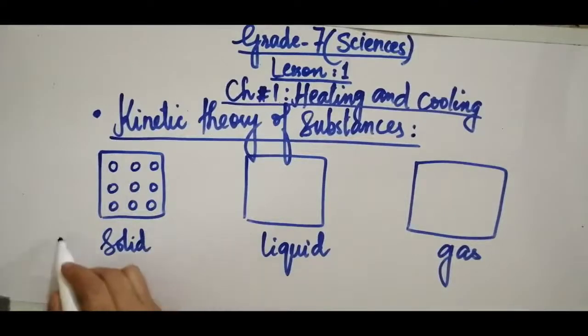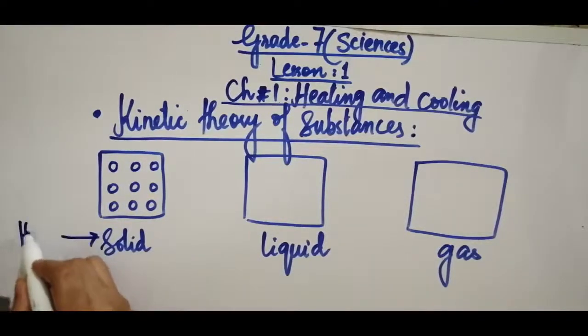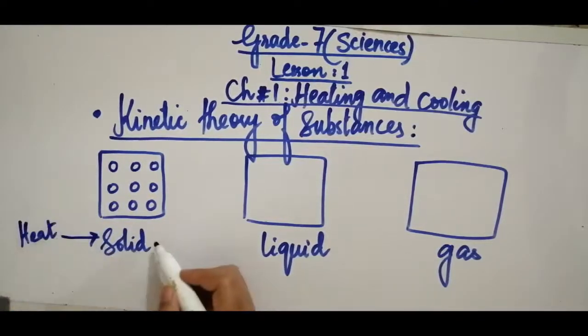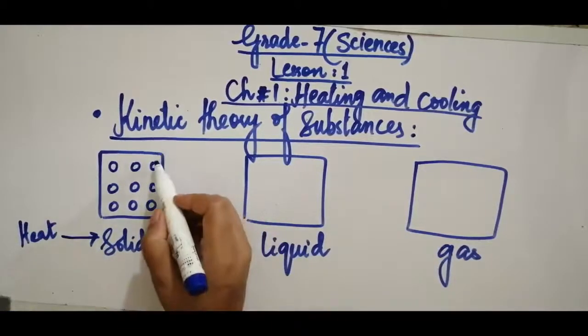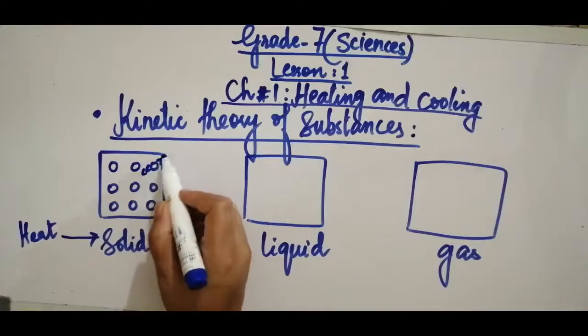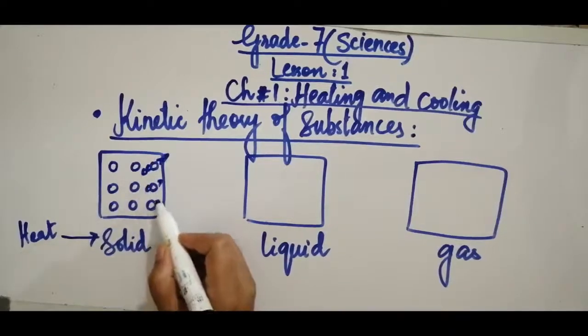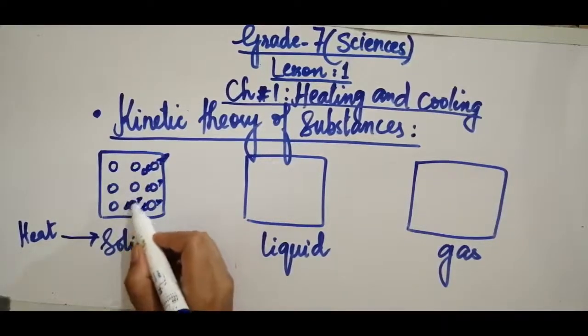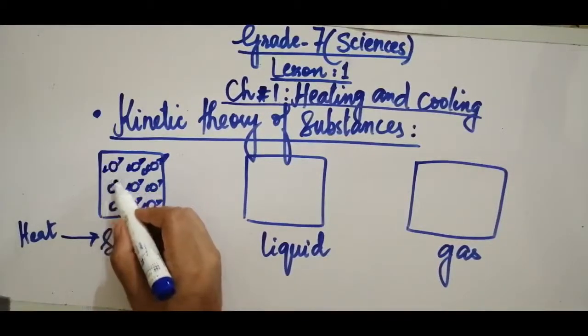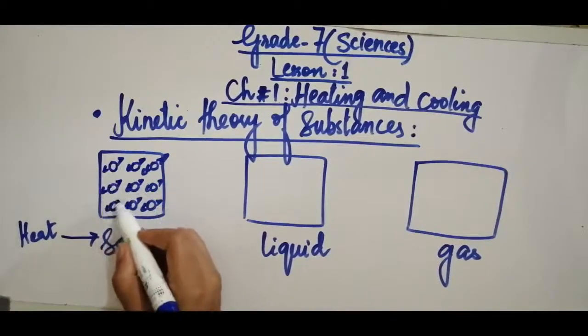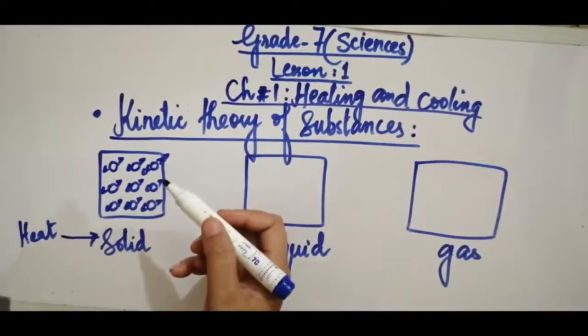So when a solid gets heat, what happens to the solid? It moves a little, not very much. It only vibrates about its mean position like this. This shows the vibration of the atoms of solids. Why does it only vibrate? Why doesn't it move here and there?